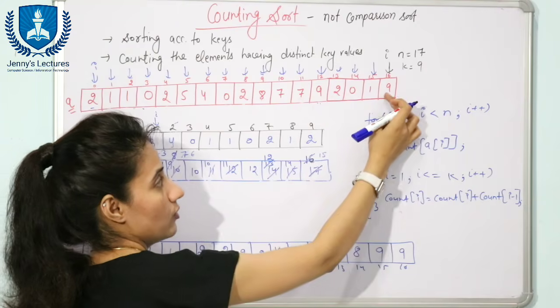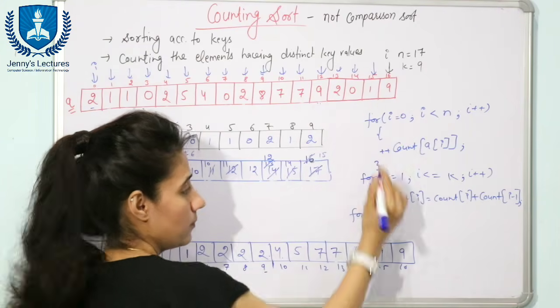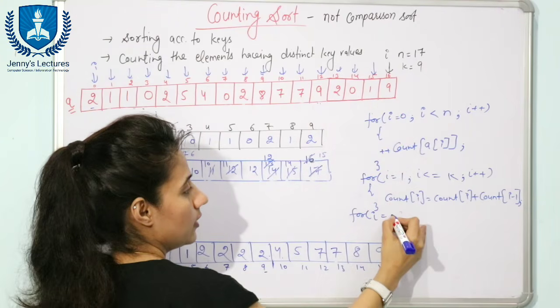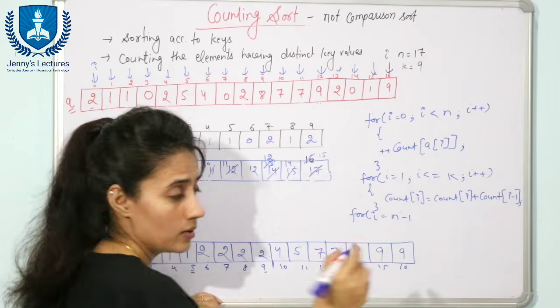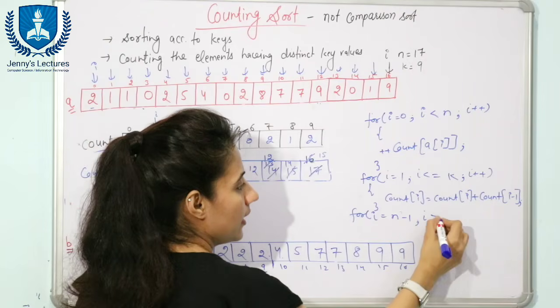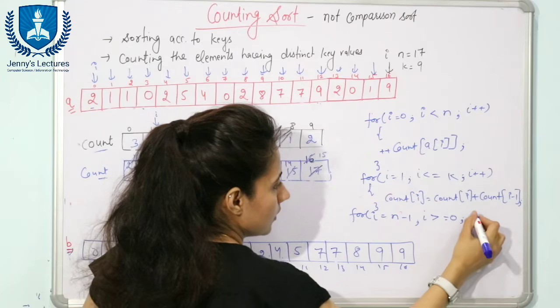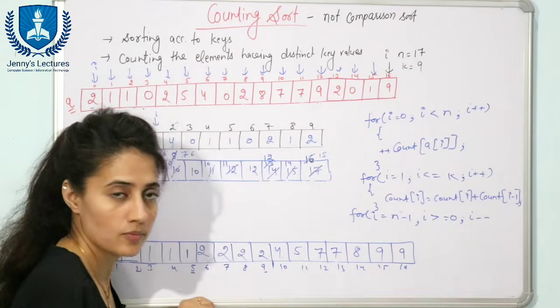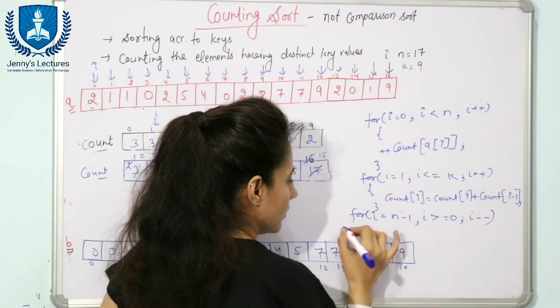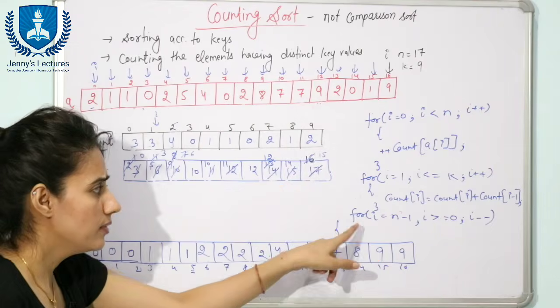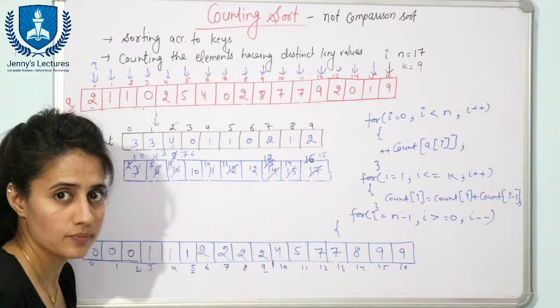Fine, we have started our for loop from here. So I value would be n minus 1, till I greater than or equal to 0, and I minus minus. Now within this for loop what you will write?